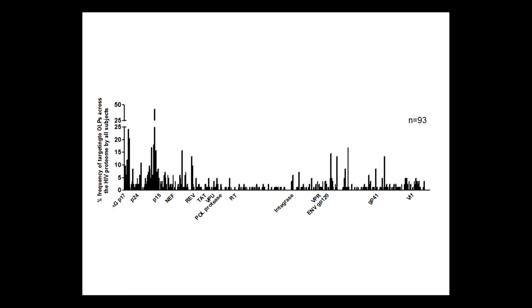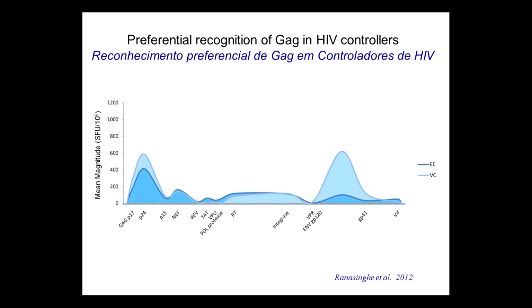What we found was that the people that are very well controlling HIV, those elite controllers, are preferentially targeting epitopes in GAG P24, shown here in dark blue, but are barely having any responses against the envelope region. There's this little dip in here. There are few responses towards GP120, but the majority of responses are in the GAG region.